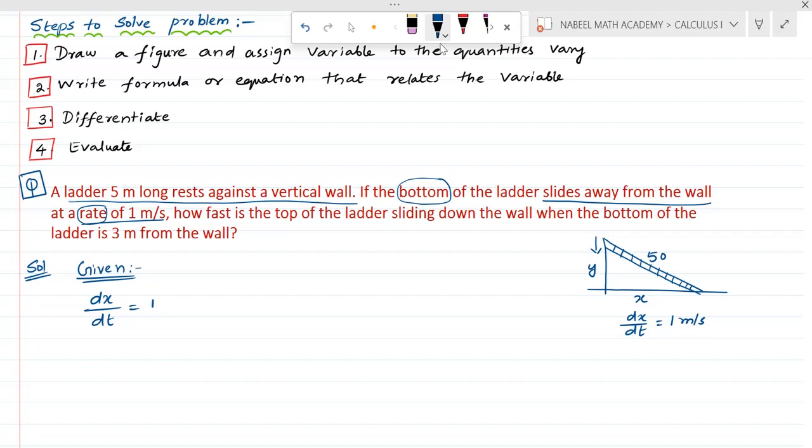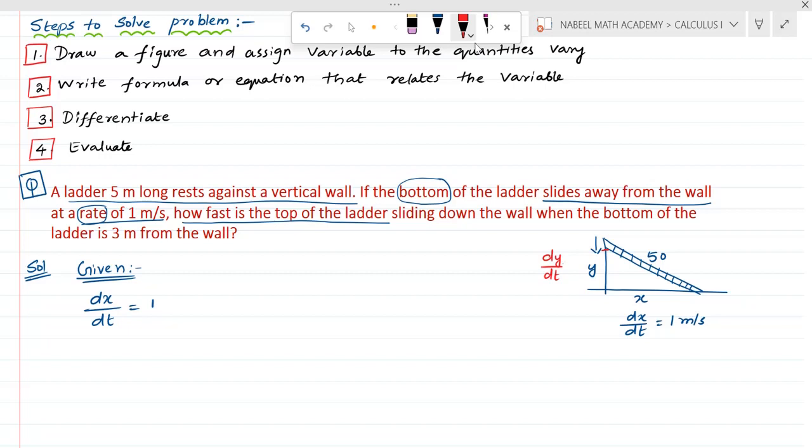Okay, done. Then how fast? What is the question mark? How fast is the top of the ladder sliding down when x equals 3? So when the bottom of the ladder is 3 meters away from the wall, this is the question mark.